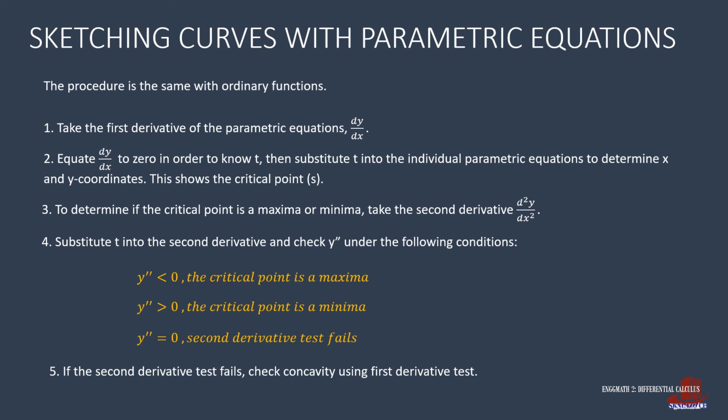Take note that since they are both functions of t, the derivatives turn out as dy over dt and dx over dt. If we take the ratio of dy over dt with dx over dt, we can then eliminate dt, which then results to dy over dx.